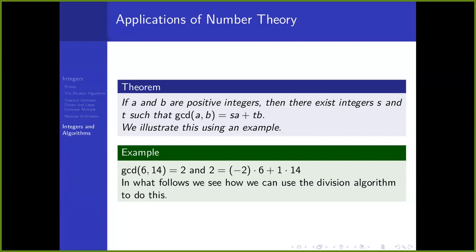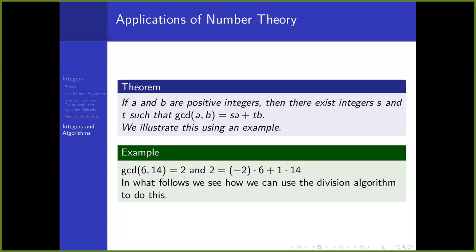Take A to be 6 and B to be 14. The GCD of 6 and 14 is 2, and it's possible to write 2 as negative 2 times 6 plus 1 times 14.